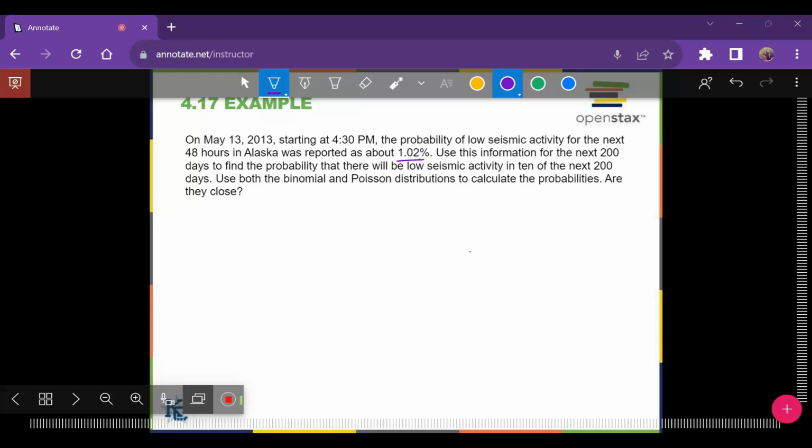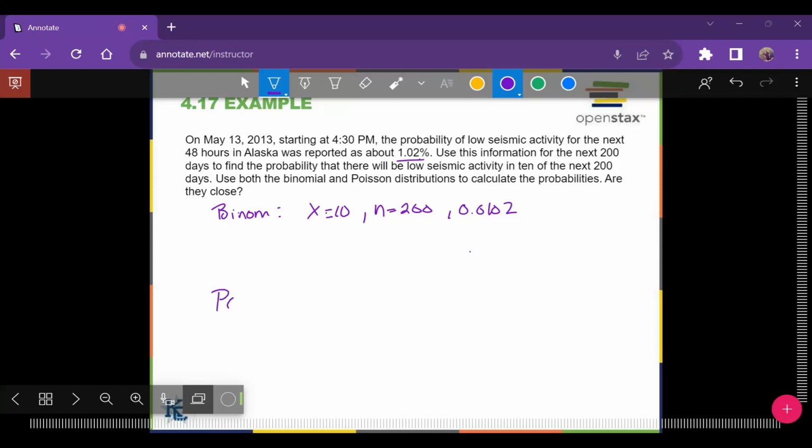So for the binomial problem, x is 10 because we want to know 10 days. N is 200 days. The probability of a success is the percentage in its decimal form, 0.0102. That's the information we need for the binomial.